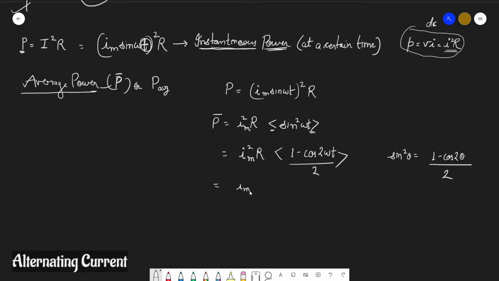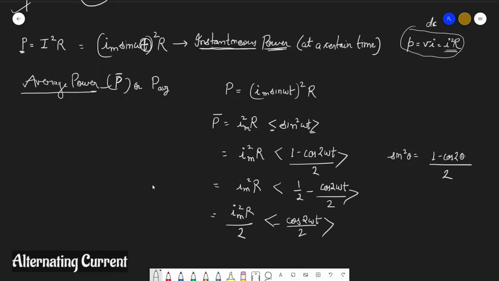If you write it in this manner, you take half separately and cos 2 omega t by 2. What can you infer from here? This is constant, so the 1 by 2 will be outside of the average calculation, and you are left with the cos 2 omega t by 2 term.